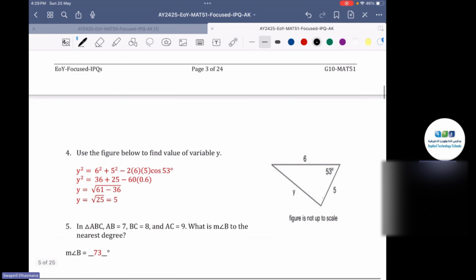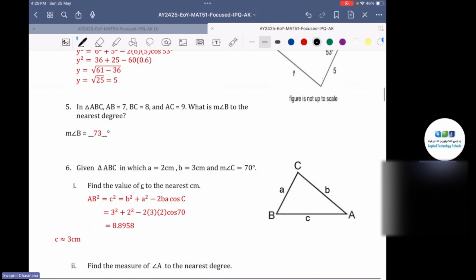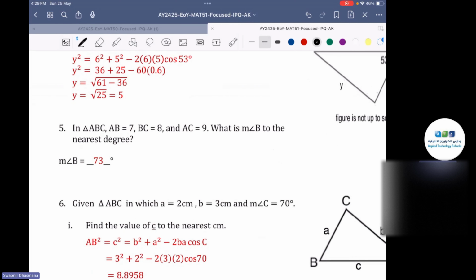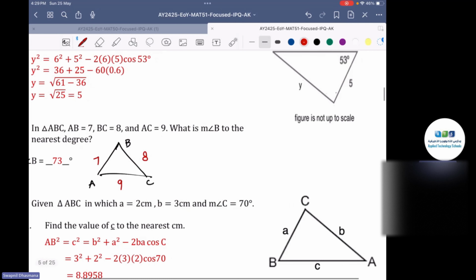So all these questions, this one is already solved. Like for example here, you don't even have a figure, but if you make a triangle, this is A, this is B, this is C. AB is 7, BC is 8, and AC is 9. Now see, you have three sides, so you have to use the cosine rule.